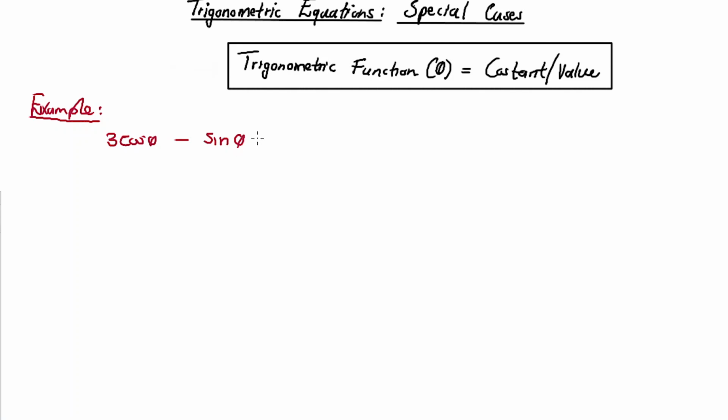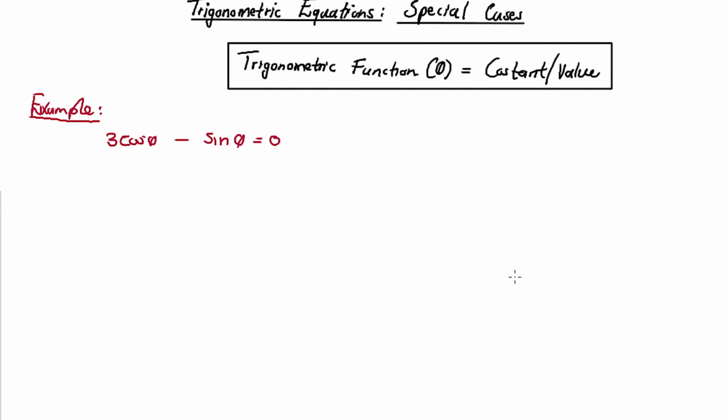I'm not sure if this is going to work in my favor, but for now, let's just say sine comes this side, the other that side. Okay, so this is our first example.